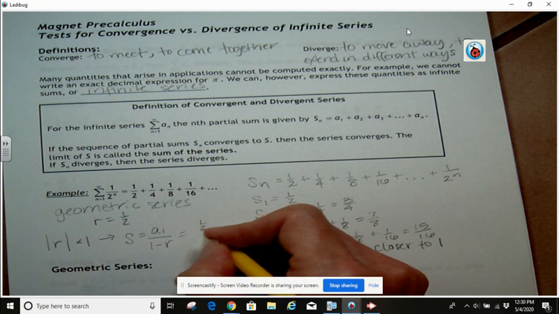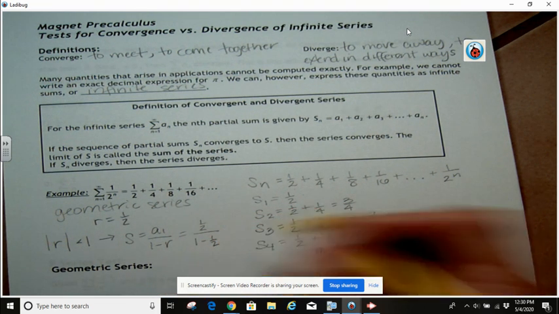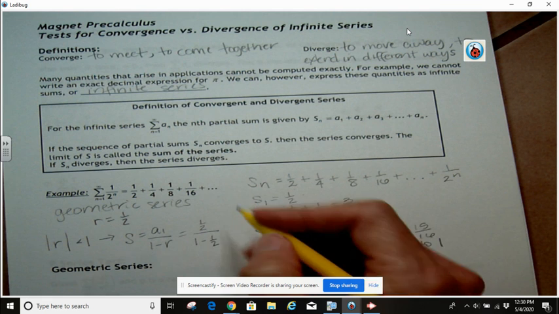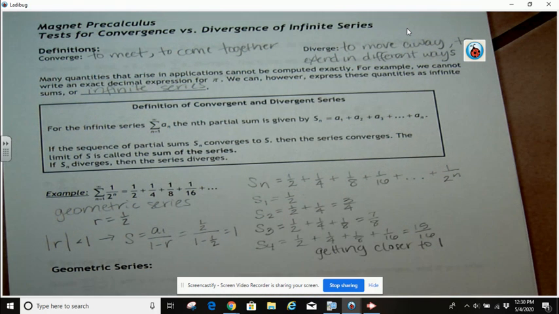The first term was 1/2, the common ratio is 1/2, and when you work that out, you get that the sum is equal to 1. So because we determined it was geometric and the common ratio had an absolute value less than 1, then we would say this series converges, apply the formula, and it converges to a value of 1. Okay?